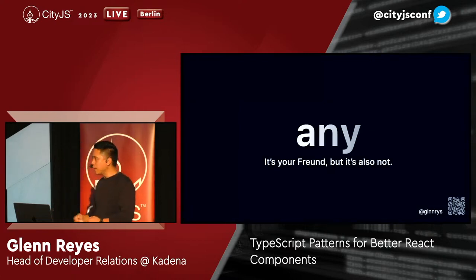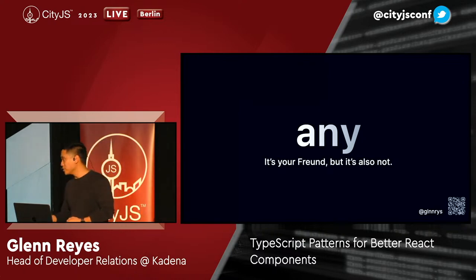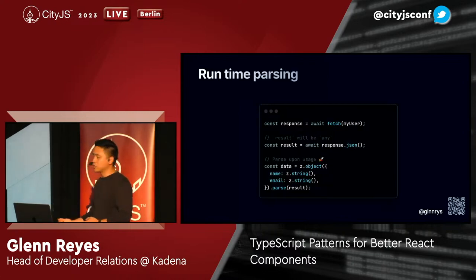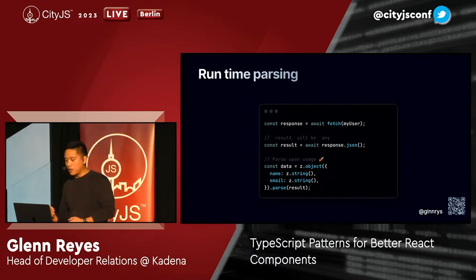And I can't do a TypeScript talk without talking about our favorite type, any. It's your friend, but at the same time sometimes not, right? Of course, there are situations where you just have any, so you can't fully avoid it, because if you have a response from a fetch, then you just have any.